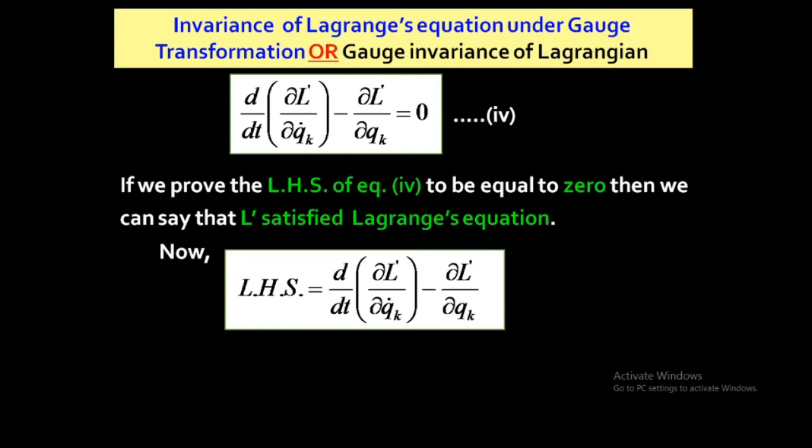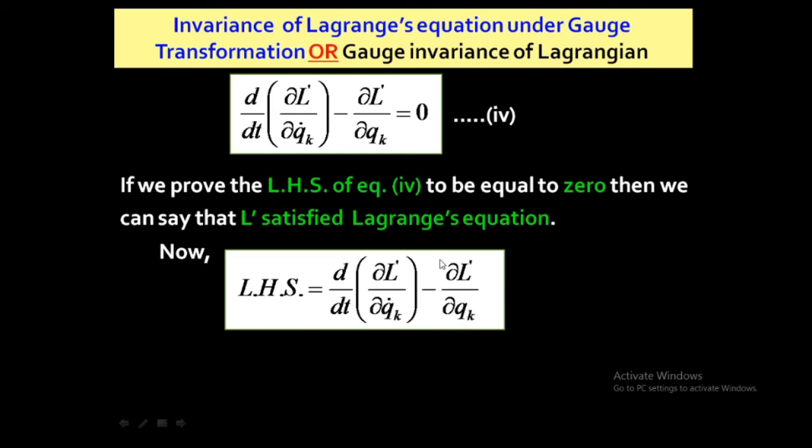It means Lagrange's equation is invariant under gauge transformation, or in other words, gauge invariance of Lagrangian. So I have to prove LHS equal to 0. LHS is the left hand side of this equation, d by dt del L dash upon del q k dot minus del L dash upon del q k.